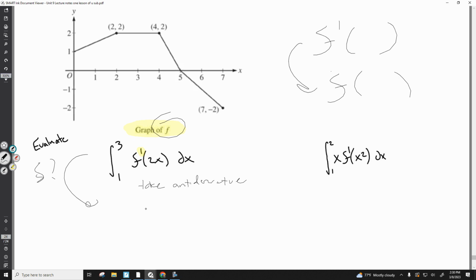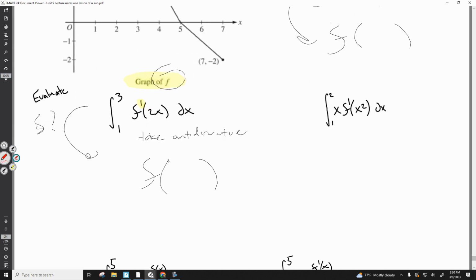Okay, so I take the antiderivative of the outside. What starts in the parentheses stays in the parentheses, right? But what do I have to do? Undo the derivative of the inside. Plugging in 1, plugging in 3, we get 1/2 f of 6 minus 1/2 f of 1. I have the values of f of 6 and f of 1 that I can find in my chart. I get a numerical answer.